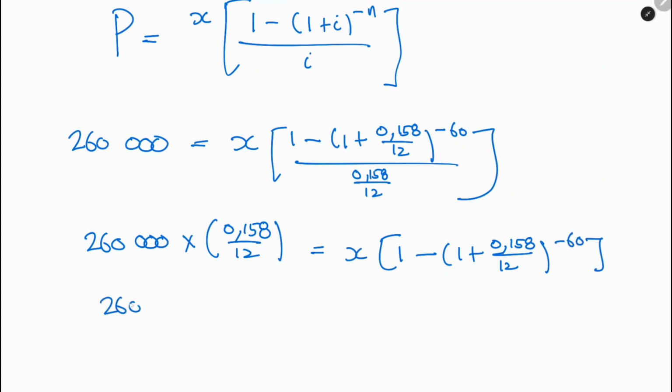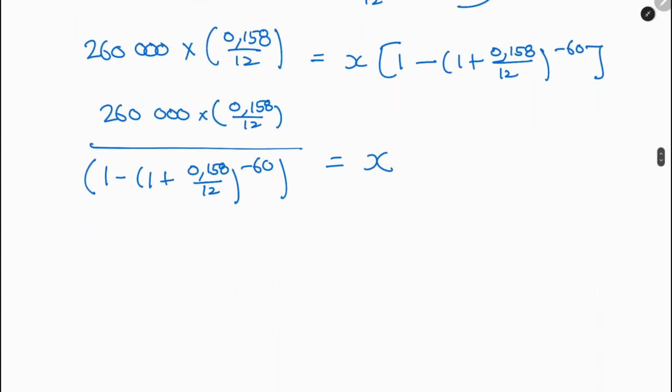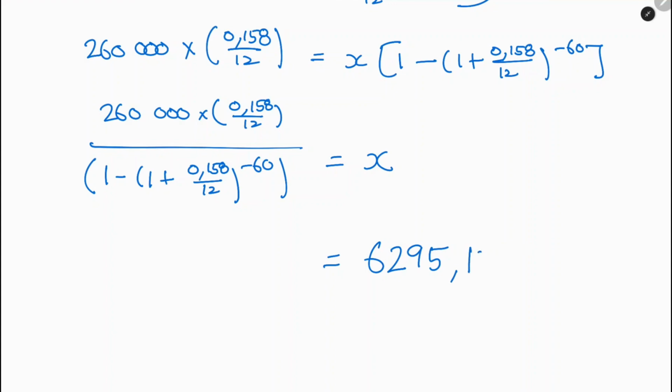Then we're taking 260,000 multiplied by I over 12, and all of that divided by this whole factor over here, 1 minus 1 plus 0.158 over 12 to the power of negative 60, and that's equal to X. You just have to carefully punch this whole expression into your calculator, and if you do that, you should get that X is equal to 6,295.10, rounded off to 2 decimal places.